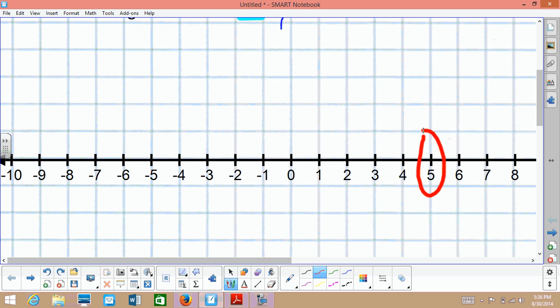And if I say, what is the additive inverse of number 5? Well, that will be the same number that is at the same distance from 0, but in the opposite direction. So it will be negative 5. That is what we call the additive inverse.